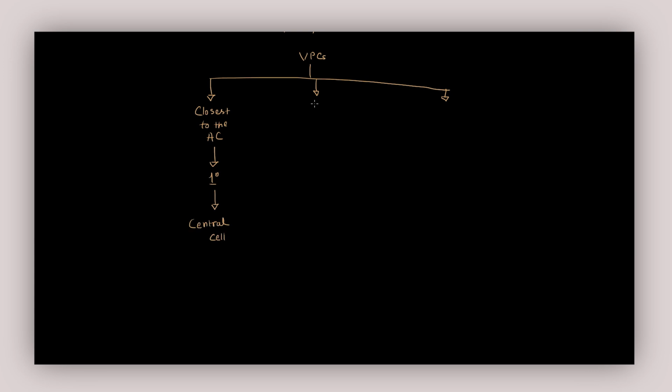Right. So next, if a cell is closest to the central cell, then they would have a secondary fate and they're going to form the lateral vulval cells, or lateral cells.